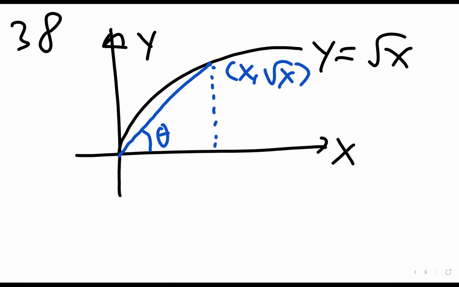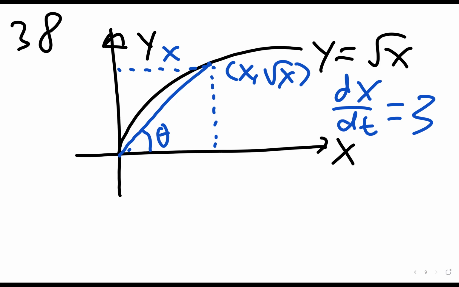So the known information is x, and x increases 3 units per second. It makes sense, as the particle is moving from the origin to the right along the curve y equals square root of x. So it's known that dx/dt equals 3 units per second.